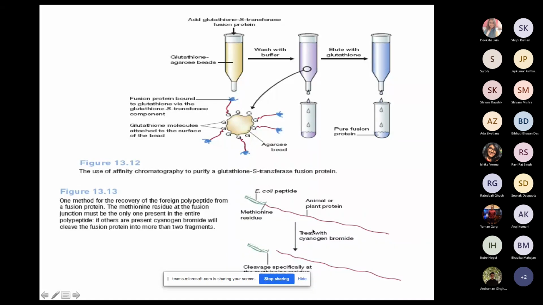Once you have purified your protein, you just treat it with cyanogen bromide. Cleavage will be specifically at this position, and your protein of interest will be all free.